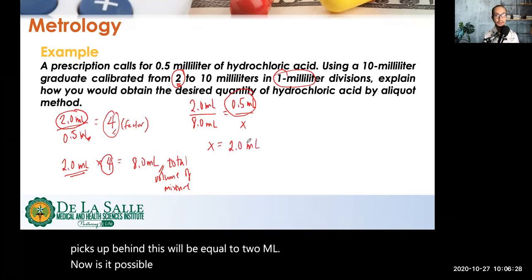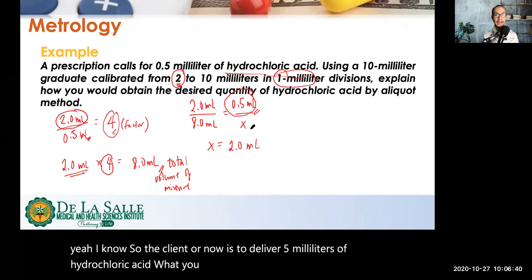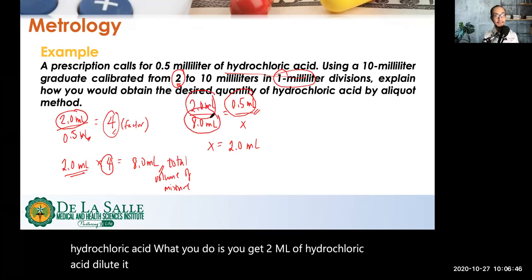Okay? So, buuin na natin yung kwento niya. No? So, the kwento now is to deliver 0.5 milliliters of hydrochloric acid, what you do is you get 2 milliliters of hydrochloric acid, dilute it to 8 milliliters by adding about 6 milliliters of water, which is the diluent, okay?